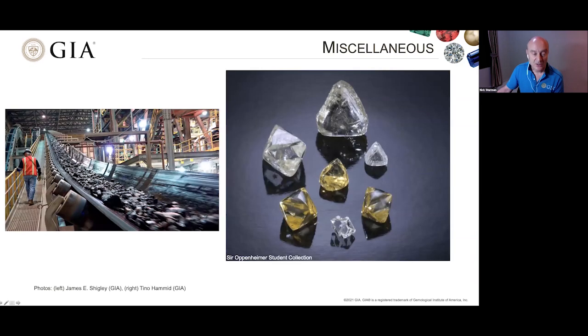Once the ore has been crushed, you can see it's traveling here within one mine site on a conveyor belt. And then it gets to a stage where the ore has to be checked to see whether there's any diamonds in there or not. And eventually, of course, we find the diamonds like this.